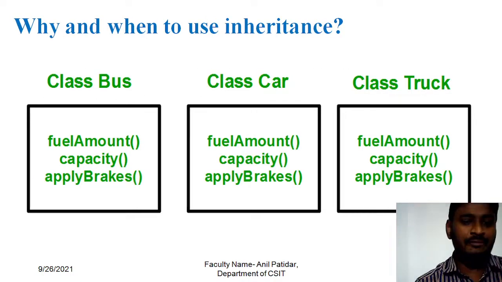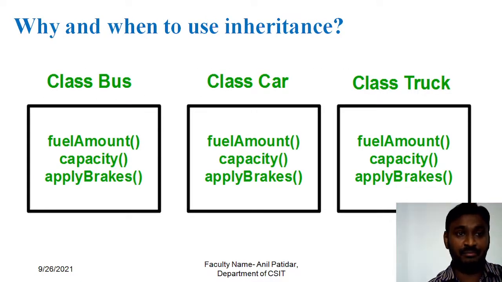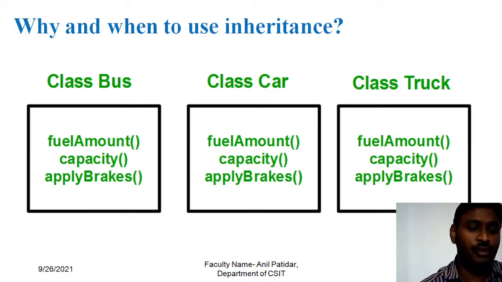Now why and when to use inheritance, means in which situations we can use it. Consider an example of a group of vehicles. Suppose we have three vehicles, bus, car and truck, and some common methods like fuel amount, capacity and apply brakes.